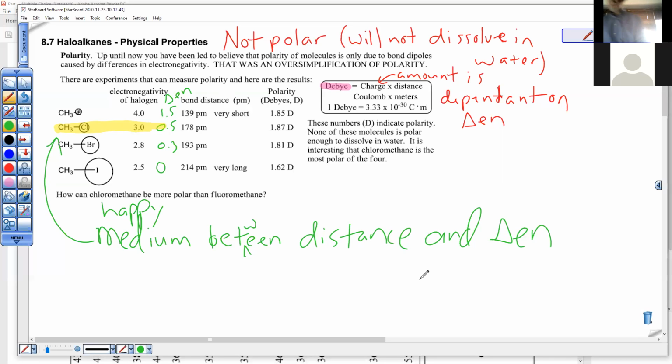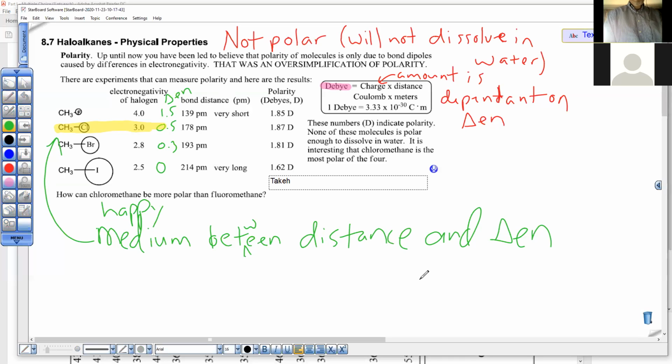Take home message, very simple. Chlorine forms the most polar CX bond of all the halogens.